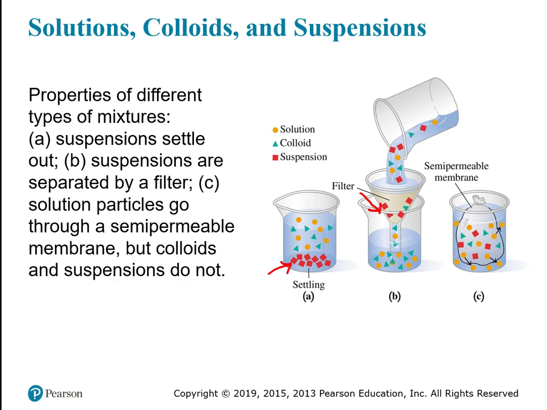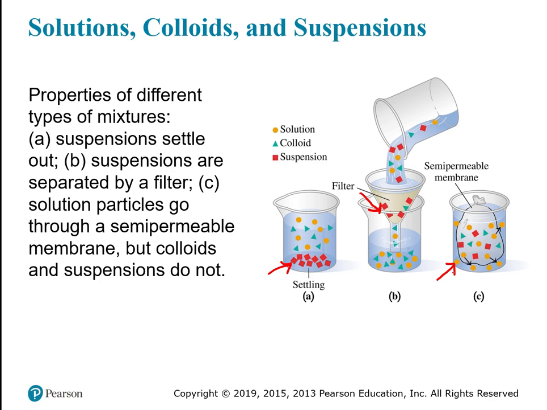Then there's a semi-permeable membrane. You can see that these orange circles are still getting outside of the semi-permeable membrane. That's from the solution. So think about salt water or something like that. You're still going to have sodium ions and chlorine ions kind of going back and forth through the membrane because they're not stopped. They can go through the membrane as they please.